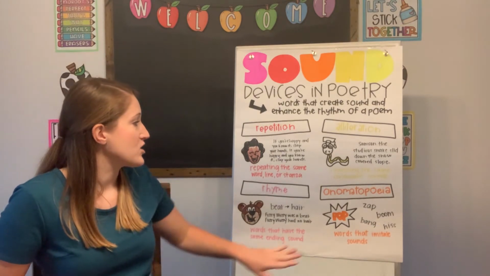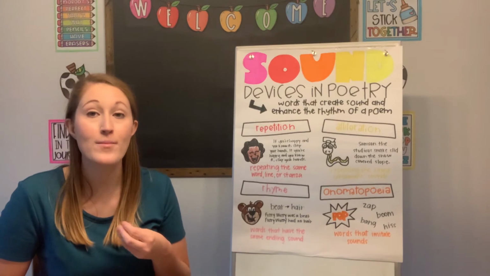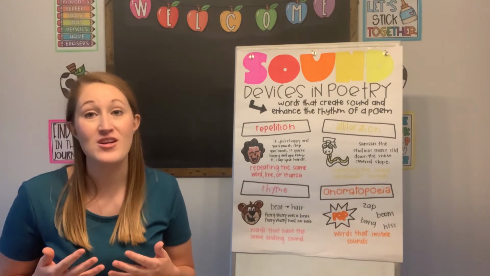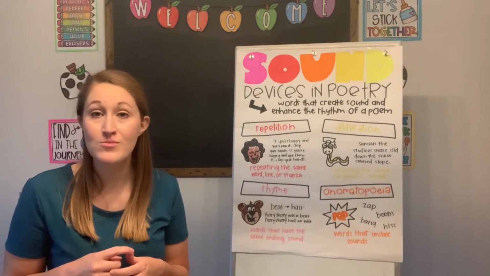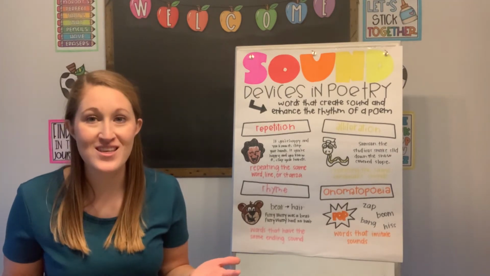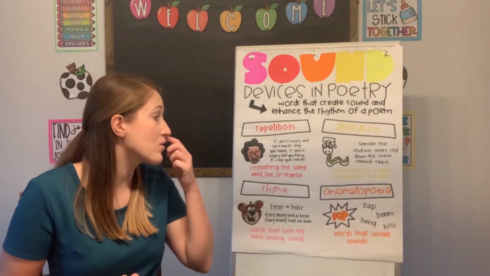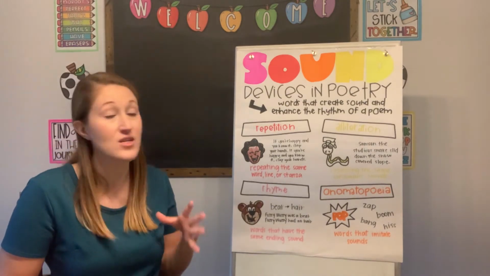So alliteration is when you repeat the same consonant sound. Remember, consonants are all the other letters in our alphabet that are not vowels. Vowels are A, E, I, O, and U. All the rest of those letters are our consonants. So we're looking for the repetition of those sounds. That's alliteration.